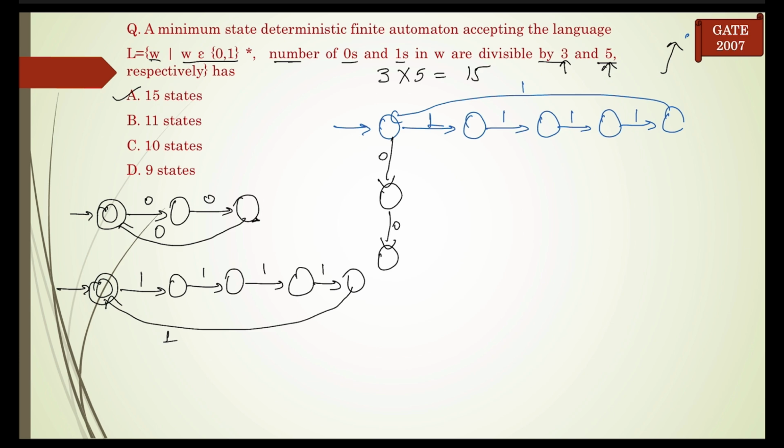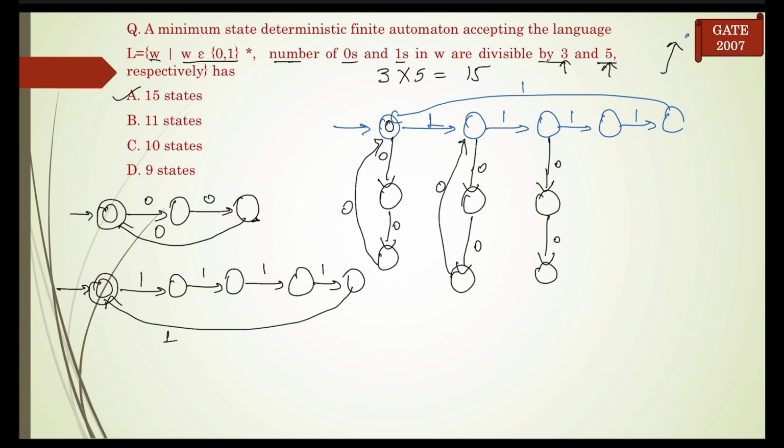This will be your initial state, (0,0). And you have to define the transition from each state since we are constructing the DFA.